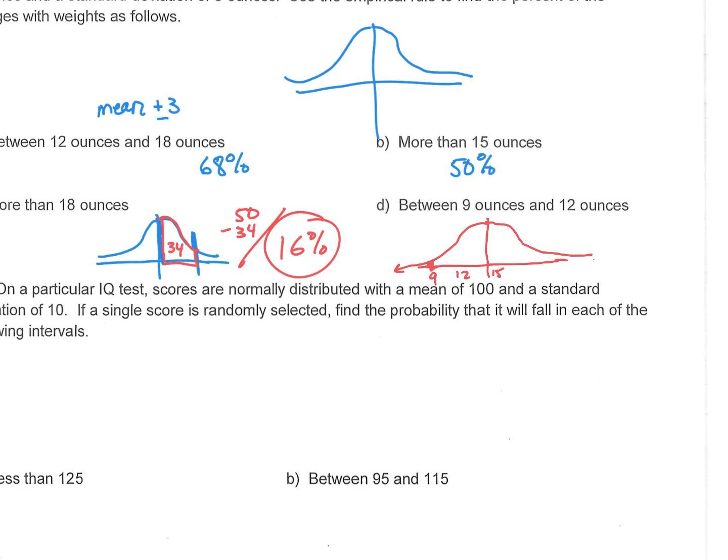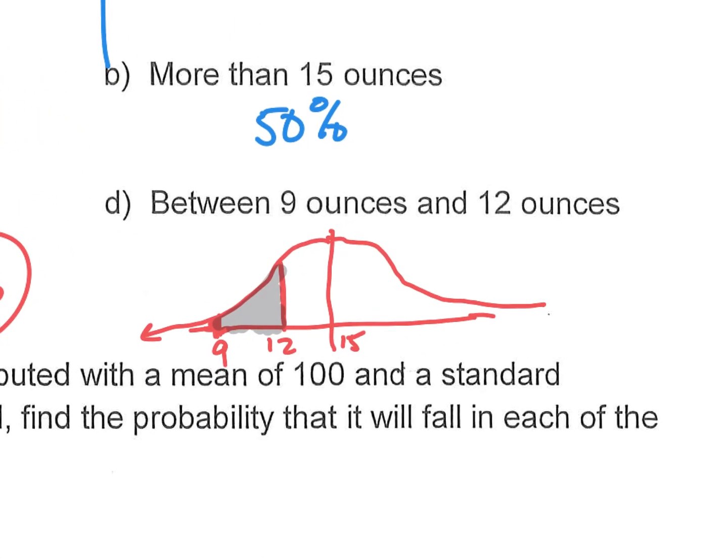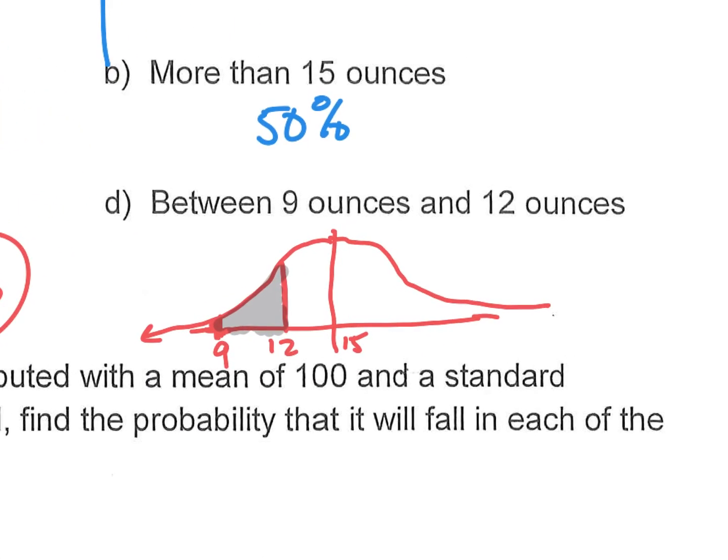So we're looking for between 9 and 12. We're looking for this area right in here. So to figure that out, then we would have 34%, because that's half of 68%.